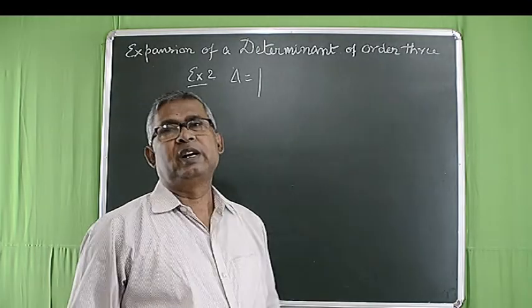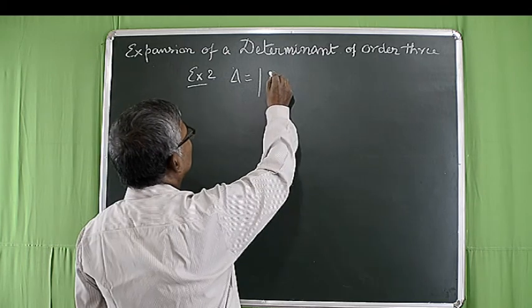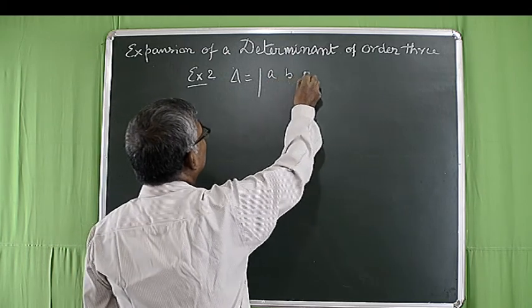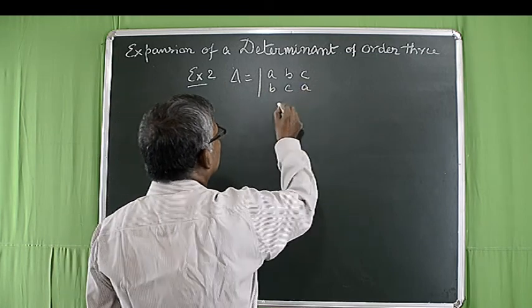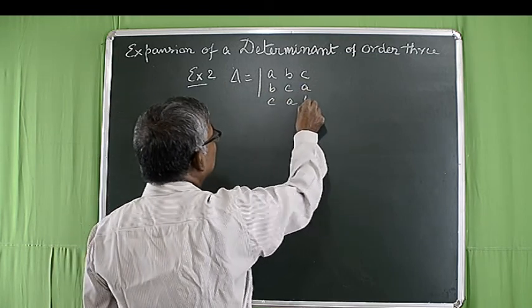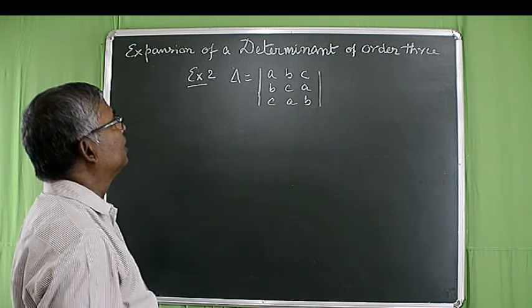Students, let us consider the second problem. Let del equal to a b c, b c a, c a b. Find the value of del.